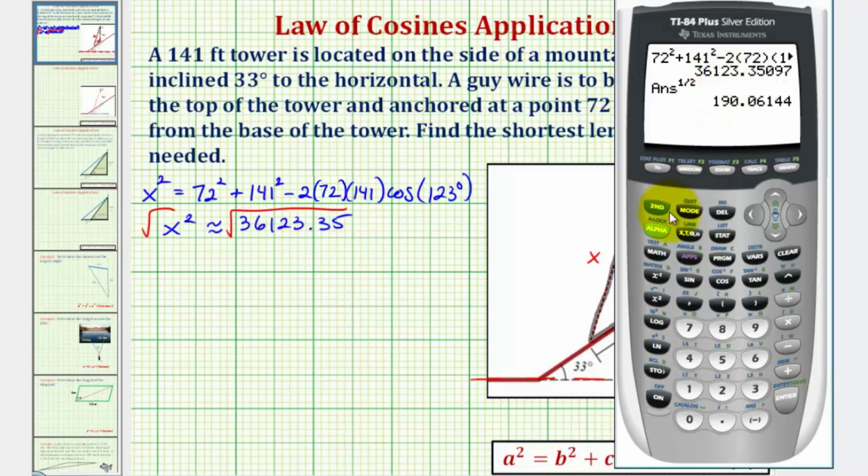This would be the same thing as taking the square root of 36,123.35097. So the approximate length of the guy wire would be 190.06 feet.